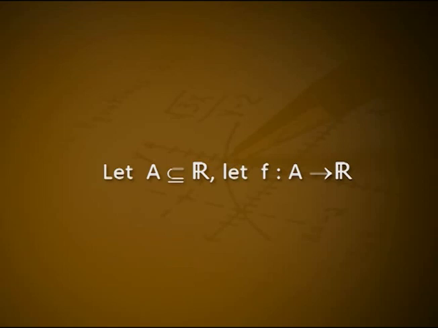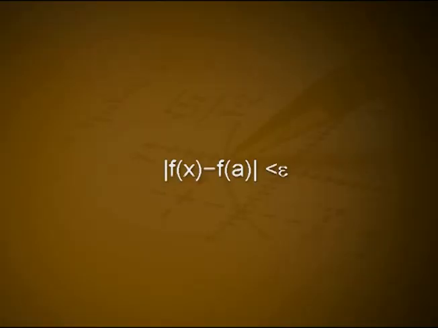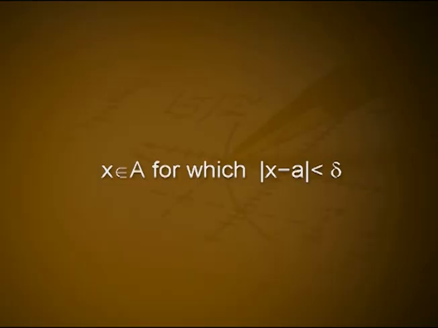Now look at the formal definition. Let A be a subset of R, the set of reals. Let f from A to R be a function and a belong to the set A. Then f is said to be continuous at a belonging to A if for each epsilon greater than 0 there exists delta greater than 0 such that absolute value of f of x minus f of a is less than epsilon for all x belonging to A for which absolute value of x minus a is less than delta.